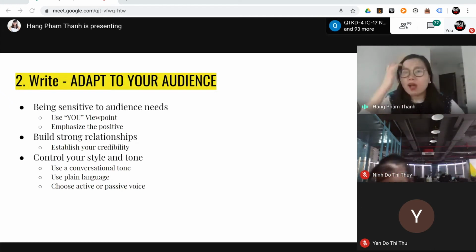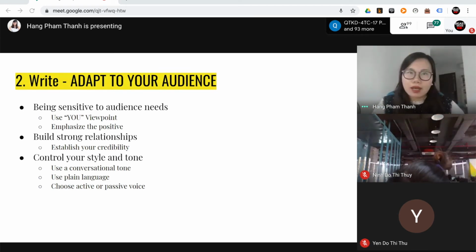So emphasizing the positive here may mean that we should try to arrange, for example, with our partners or even our competitors who are in need of more labor, that we may help them to submit their CV, cover letters, and apply for jobs with other competitors or suppliers or our partners, which is a solution that may help them to solve their own challenge, right? So that is an example of emphasizing the positive in your writing.